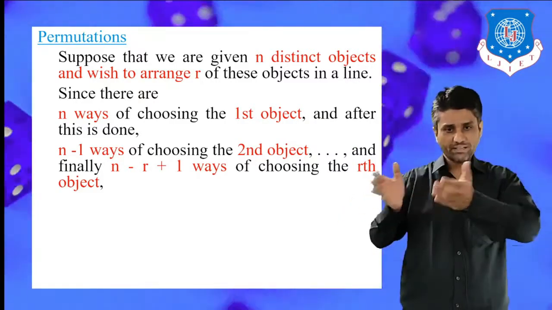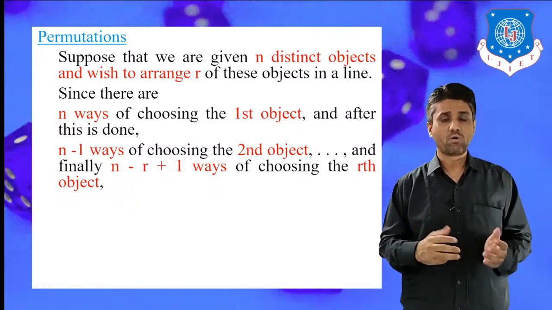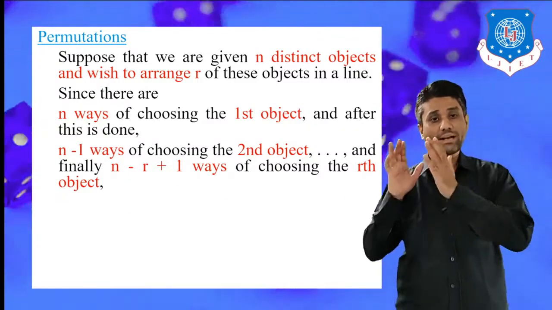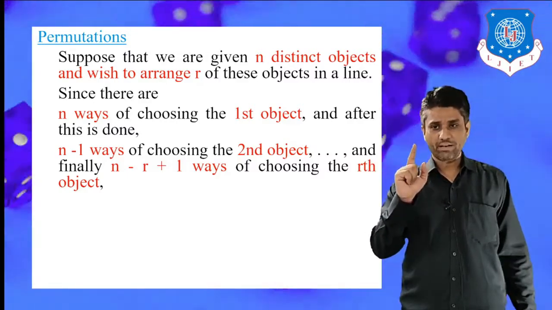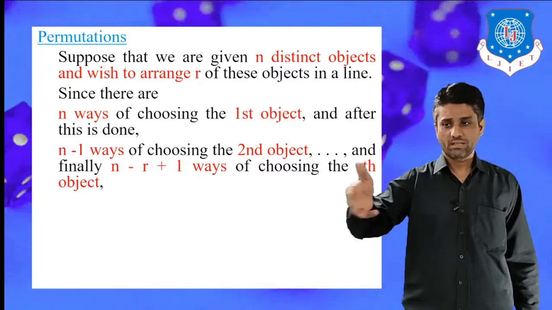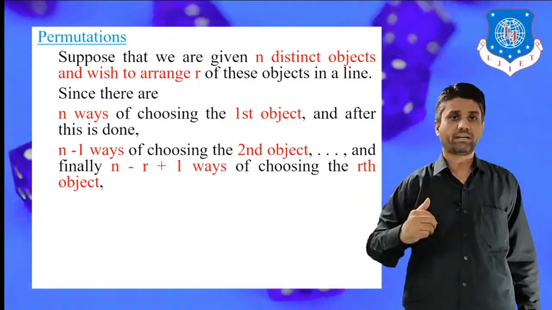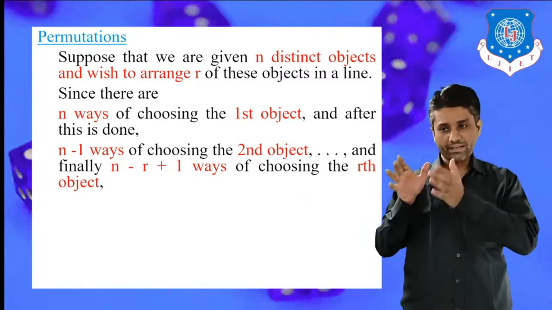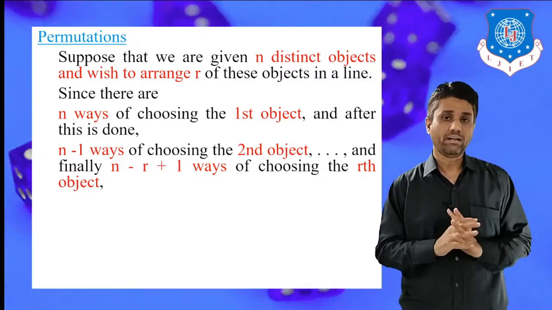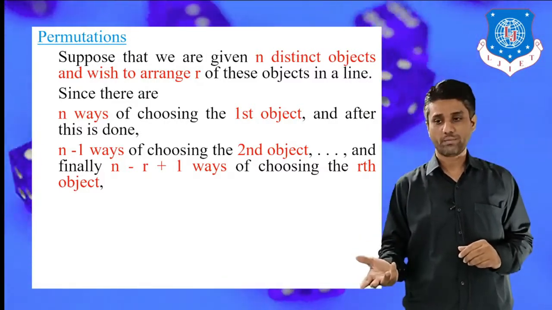When the first object is selected, we discuss the possibility of selecting the second object. One object is already selected, so one possibility is removed. So for the second object we have n minus 1 possibilities.